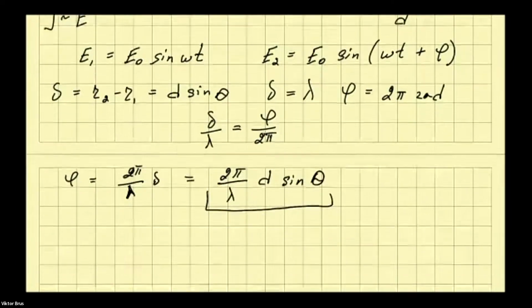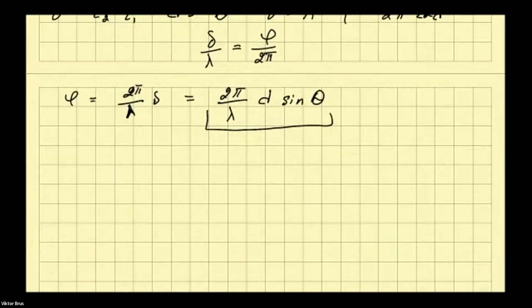Now, when we want to get the interference condition for these two waves, what is interference? It's superposition. So we need to add these two signals. So the resultant electric field will be equal to the sum of E1 plus E2.